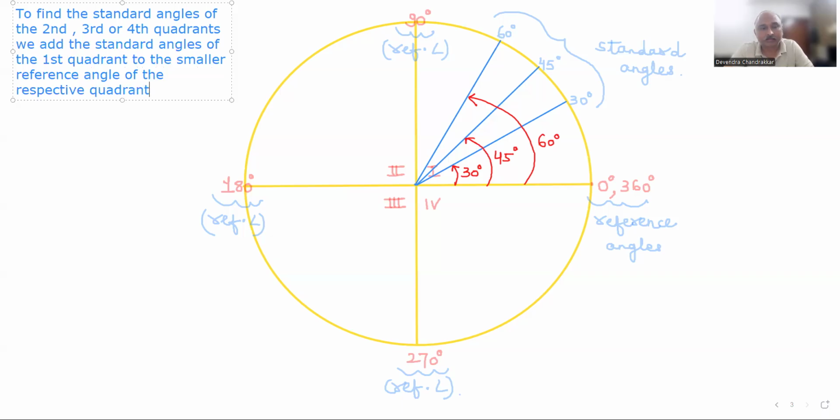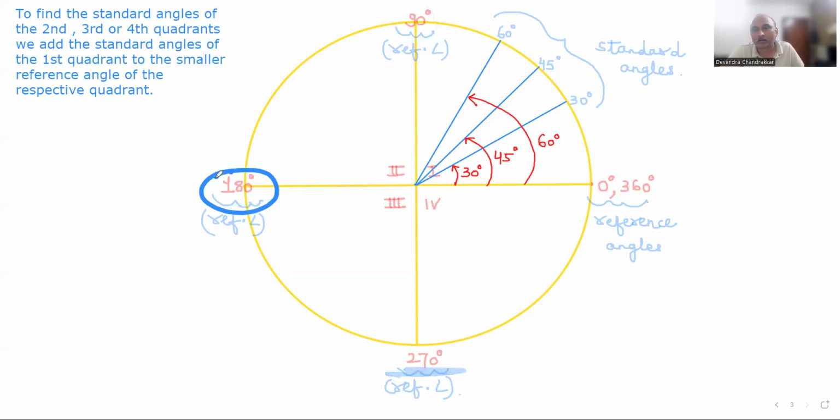मतलब क्या हुआ इसका? What does it mean? Smaller reference angle. So here, this is the smaller reference angle of the second quadrant. There are two reference angles in the second quadrant, 90 and 180. Which one of them is smaller? 90 degrees. For the third quadrant, the reference angles are 180 and 270.